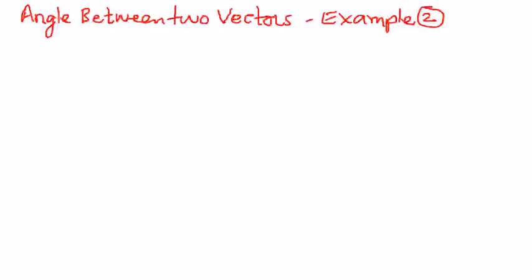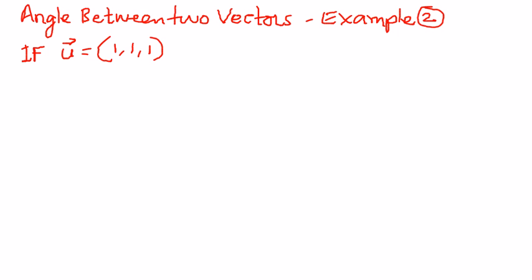Welcome to my presentation. In this presentation, let us try to find the angle between two vectors. If the vectors are given to us in this manner, in this example, let us say vector u is 1, 1, 1.